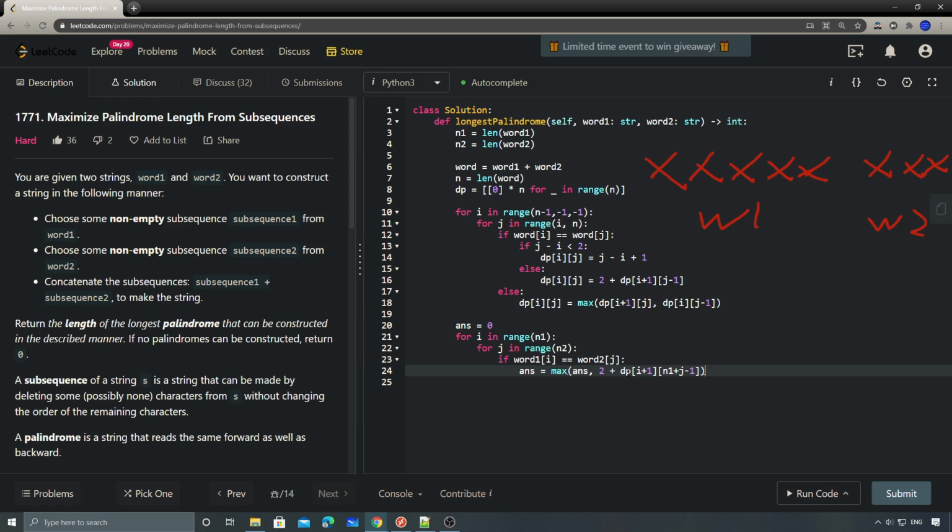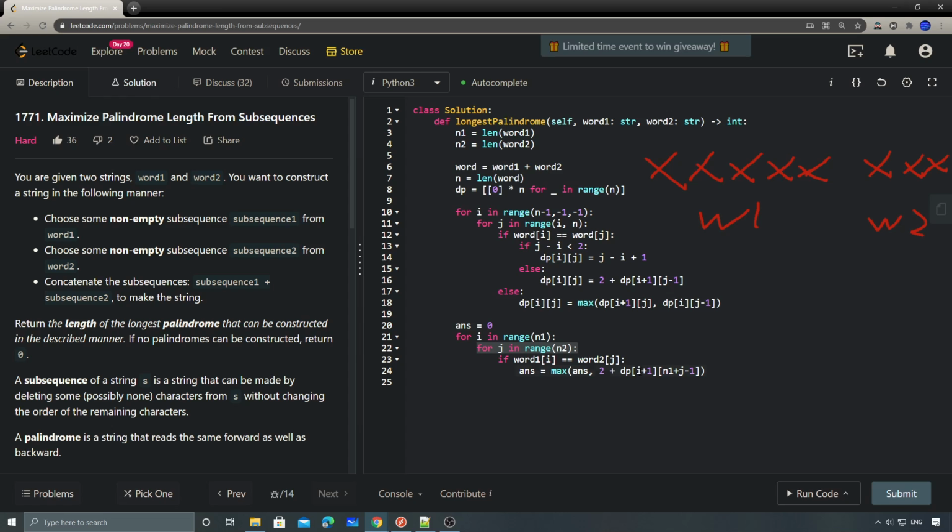This one means that, remember, the length of the dp means the combined word, but here I is the I, but for j we're only looping through the second half of the string here.